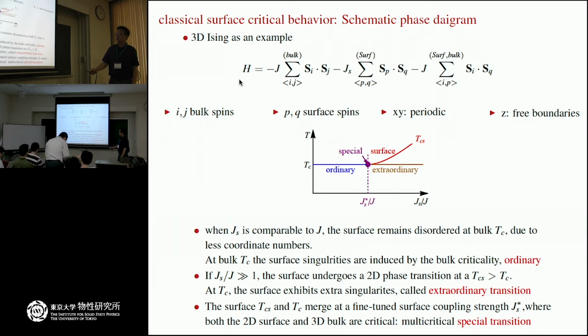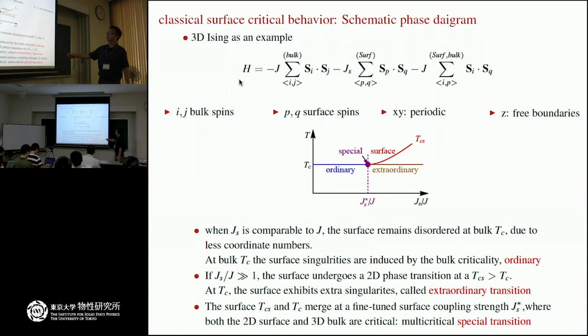But in the case Js is much larger than J, the surface undergoes a 2D phase transition at a temperature we call Tcs, much higher than the bulk critical temperature, Tc. So when you lower the temperature, the surface orders first.